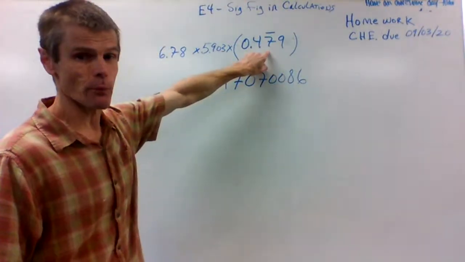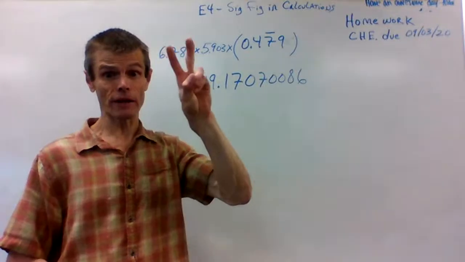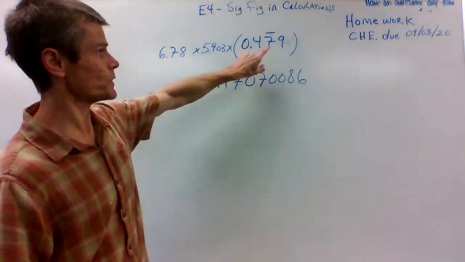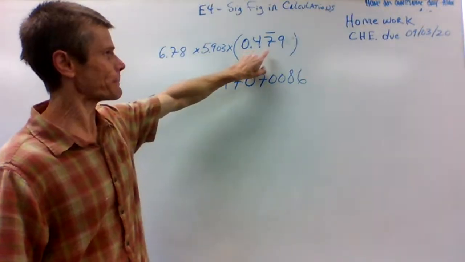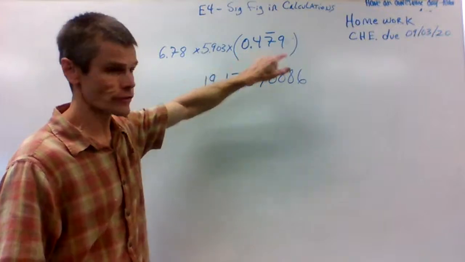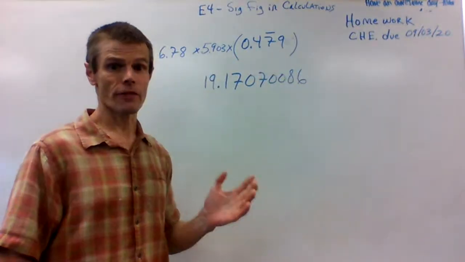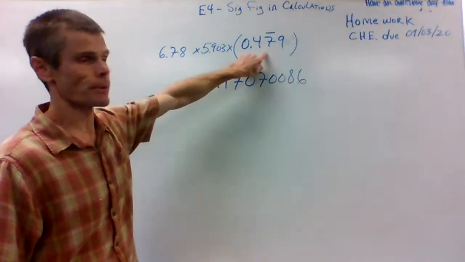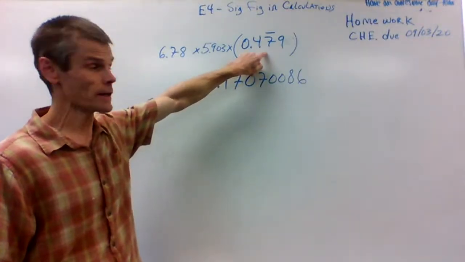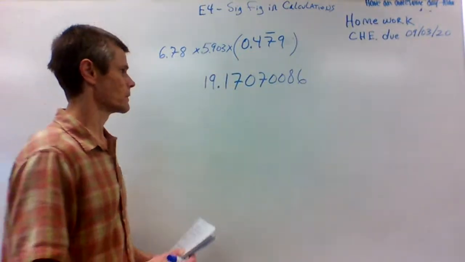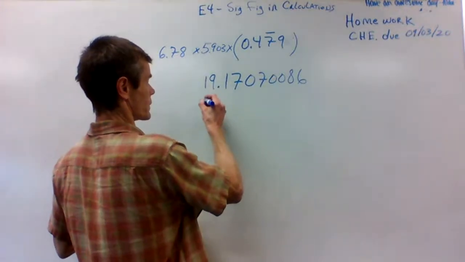This piece of data really only has 2 significant figures. Do we see that cap? That cap is telling us that the 4 and the 7 are our 2 significant figures in that number. Therefore, this number limits our answer when we report our data. We only have 2 significant figures.